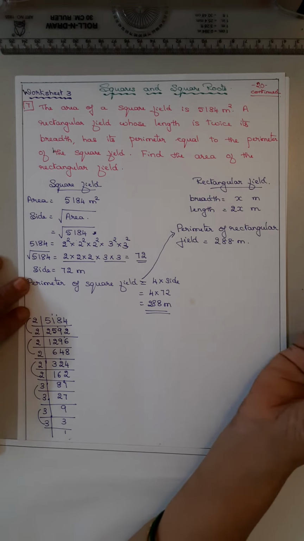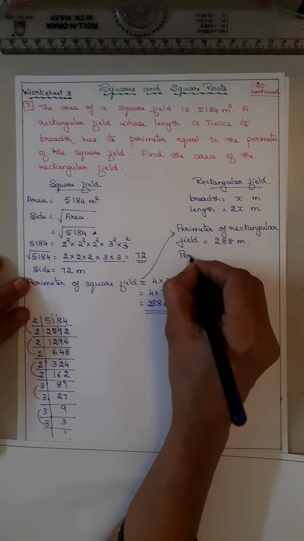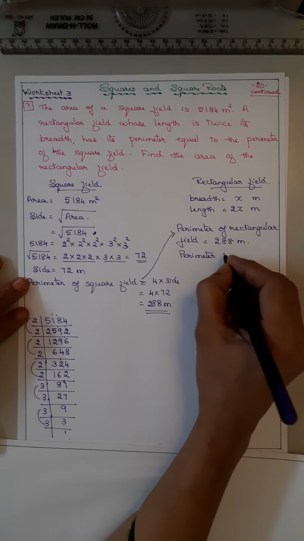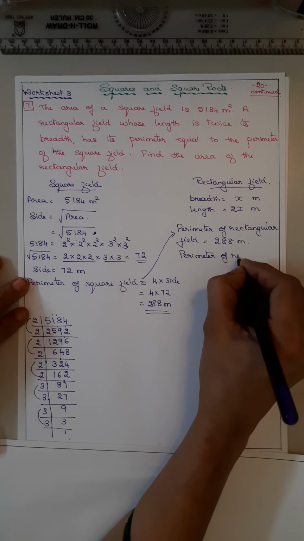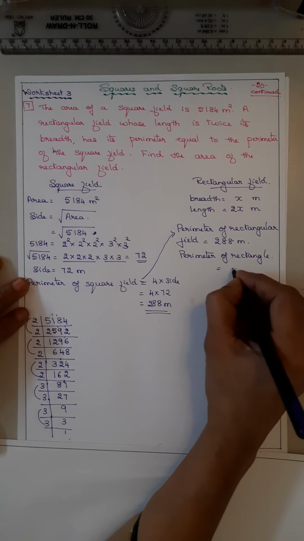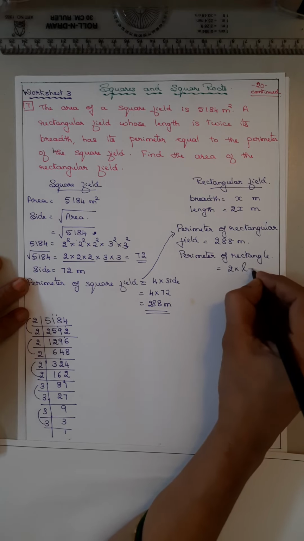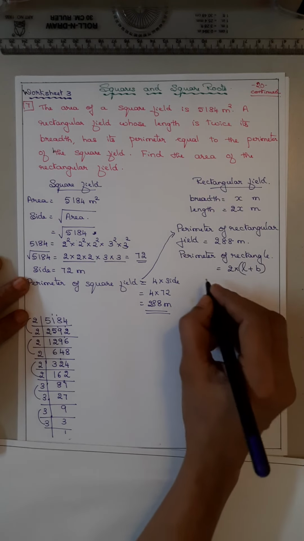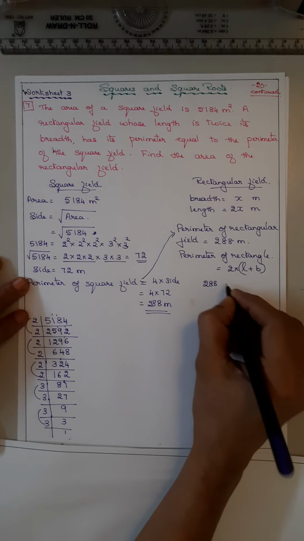Now what is the formula? Perimeter of rectangle. Find out x now. Perimeter of rectangle, formula is what? 2 into length plus breadth. Yes or no? So perimeter you got 288.